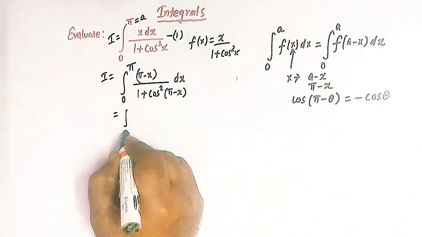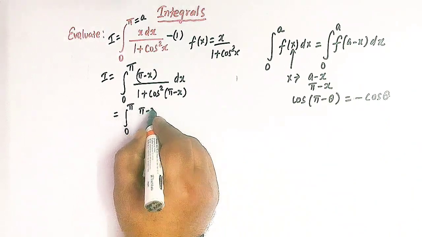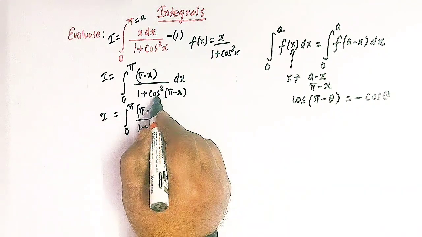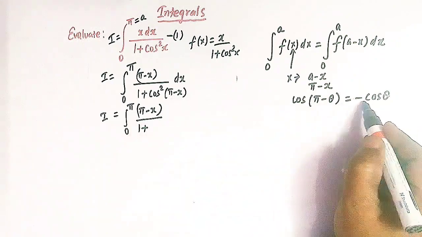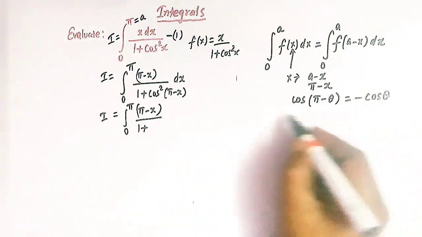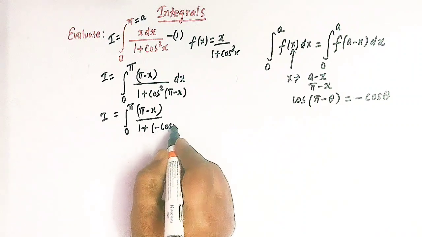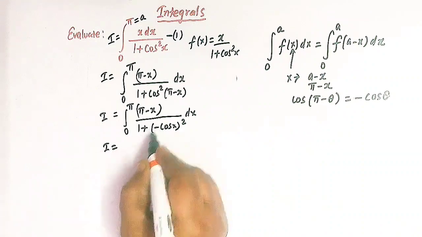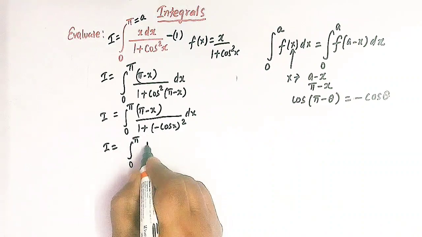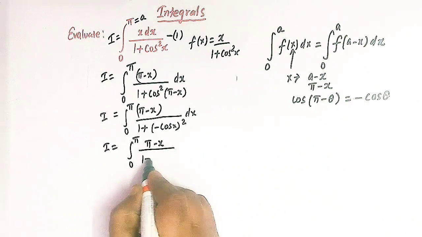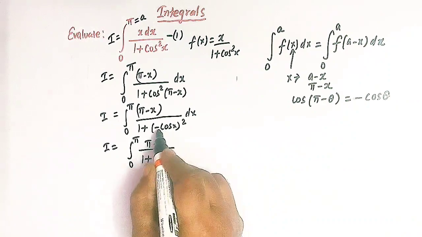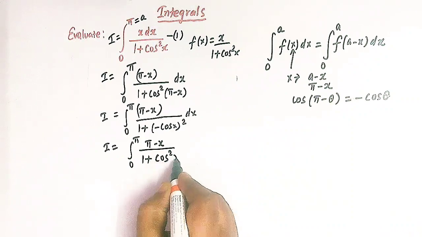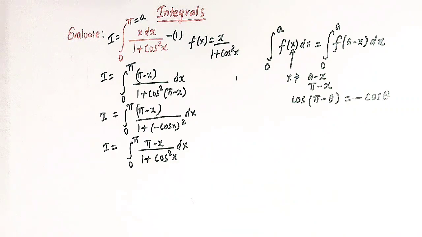So here we have 0 to pi minus x, and 1 plus cos of pi minus x is minus cos x, and which is minus cos x square. Now we can write this integral as 0 to pi minus x over 1 plus minus 1 square, which is positive, so we have simply cos square x, dx.